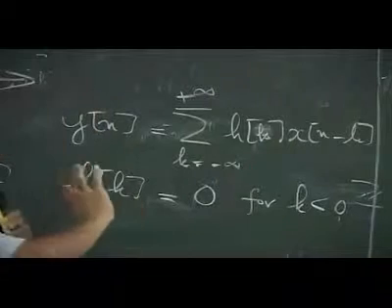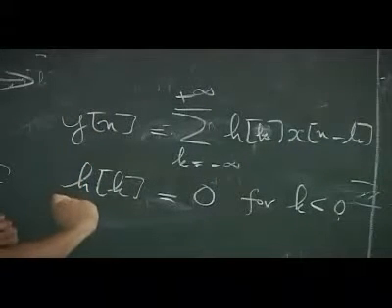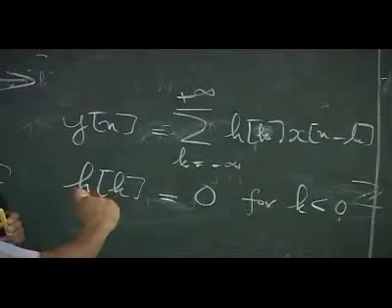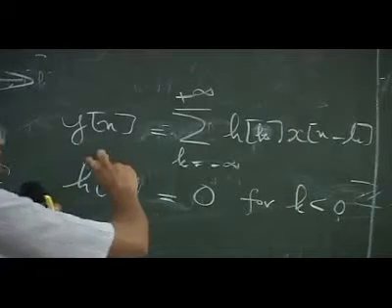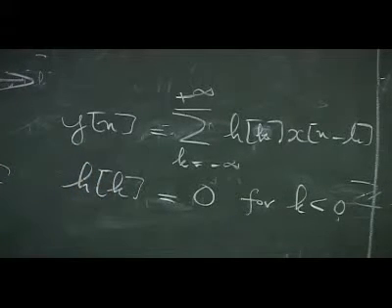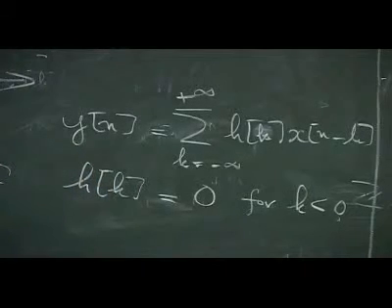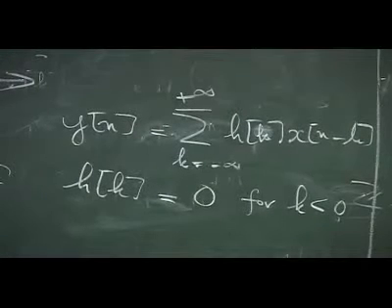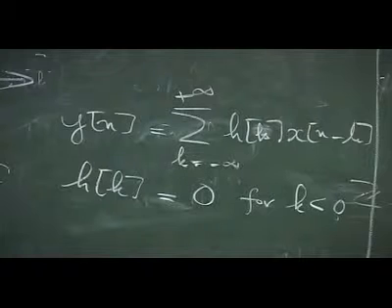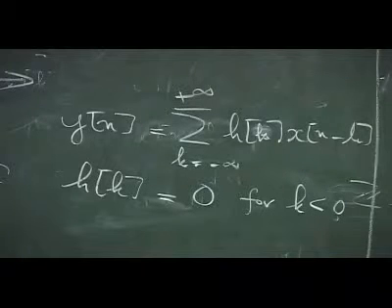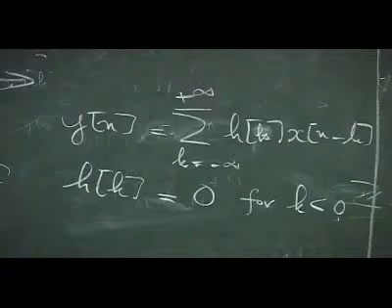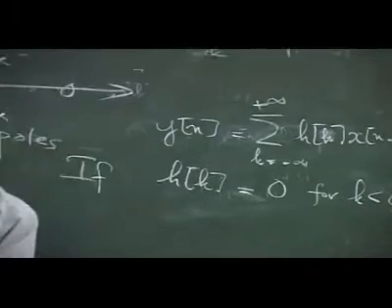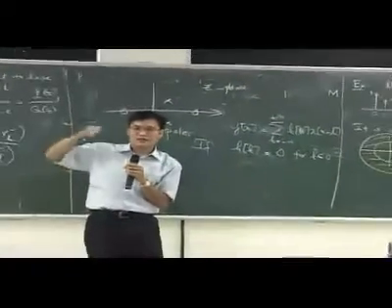And what is the impact of that? What does causal mean? Causal means if I run a real-time system, for example I need to predict the stock market, I can only use information in the past.